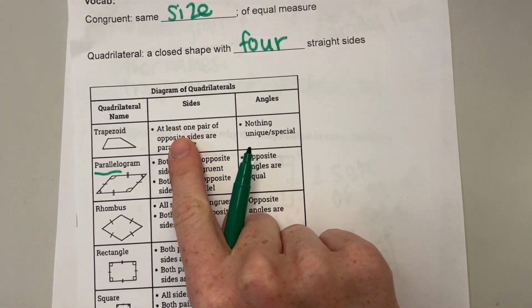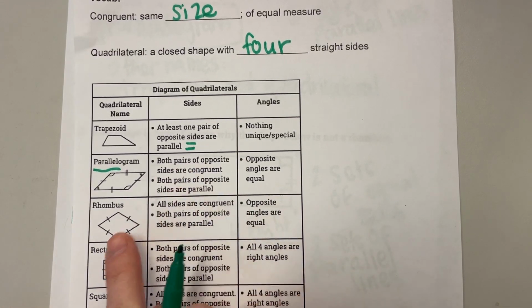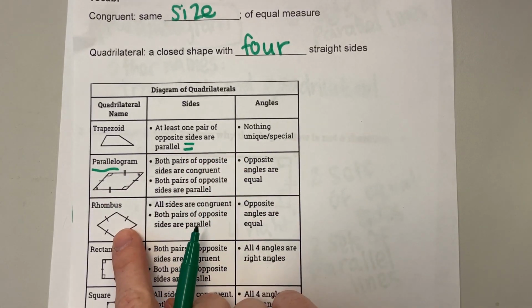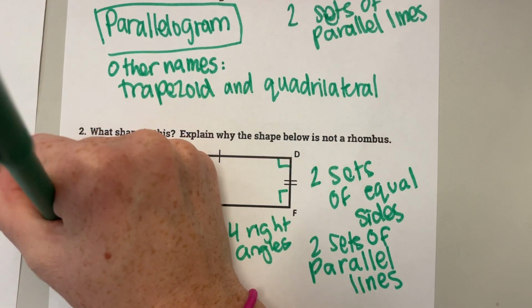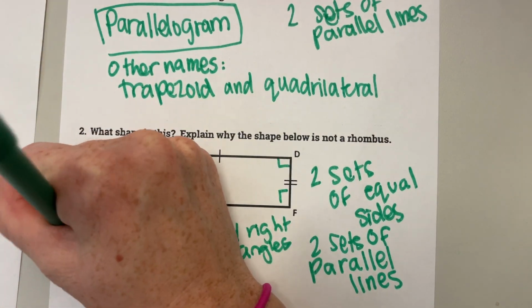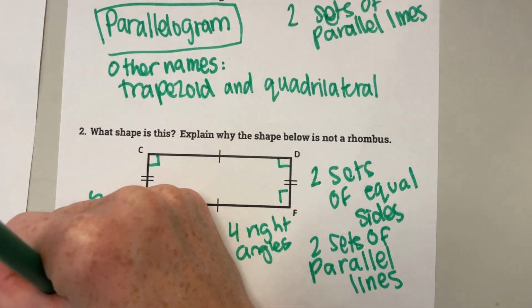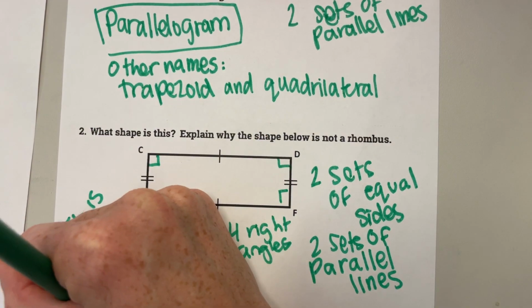Has at least 1 set of parallel lines, so it is a trapezoid. It has 2 sets of parallel lines, and the opposite sides are congruent, so it is a parallelogram. It is not a rhombus because not all the sides are the same length.